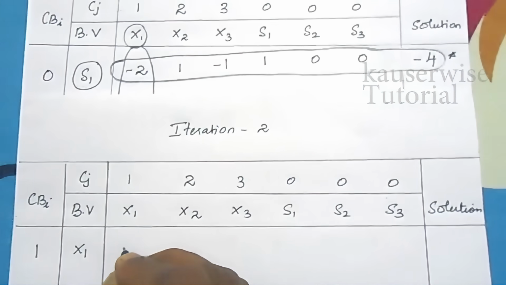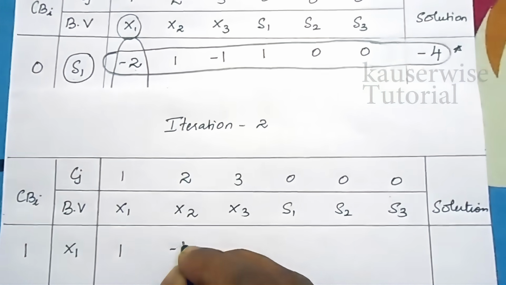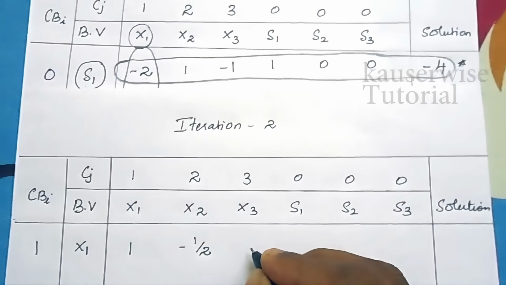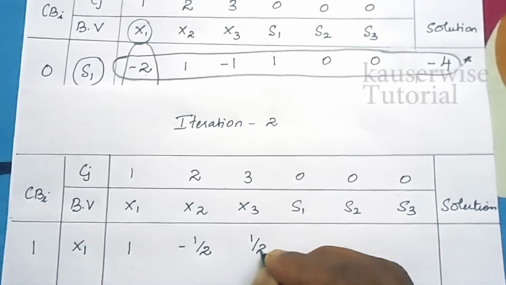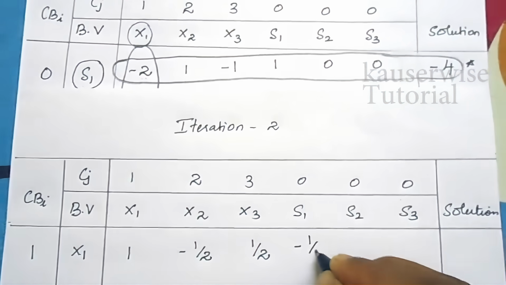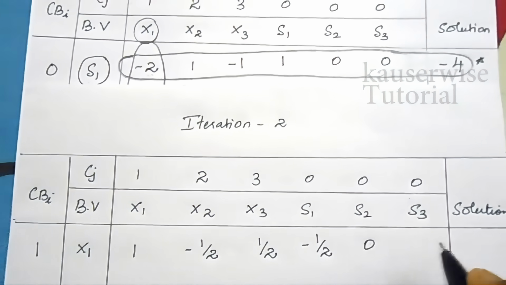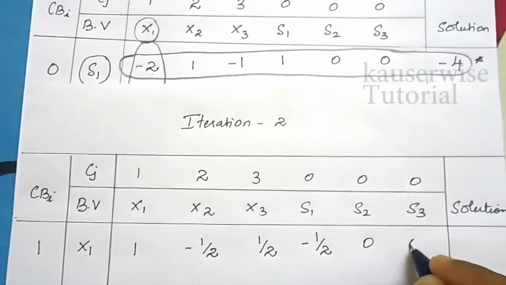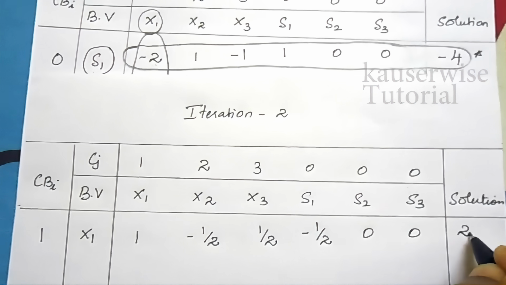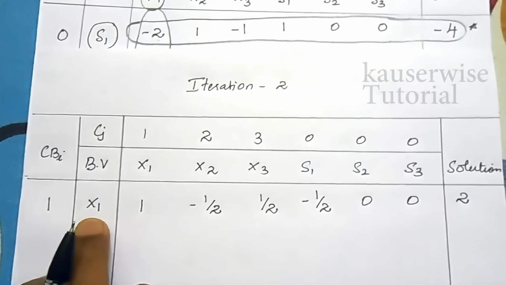Minus 2 divided by minus 2 is plus 1. 1 divided by minus 2 is minus 1 by 2. Minus 1 divided by minus 2 is 1 by 2. 1 divided by minus 2 is minus 1 by 2. 0 divided by minus 2 is 0. 0 divided by minus 2 is 0. Minus 4 divided by minus 2 is equal to plus 2. Okay, this is the procedure to find out the new value for the entering variable.